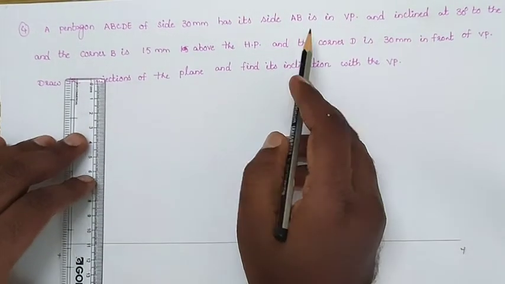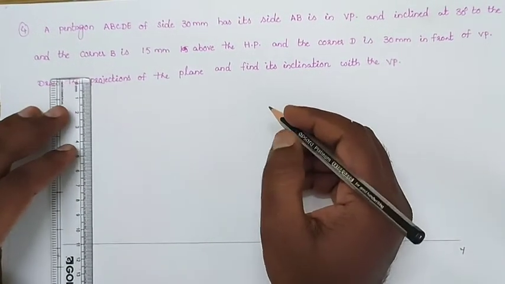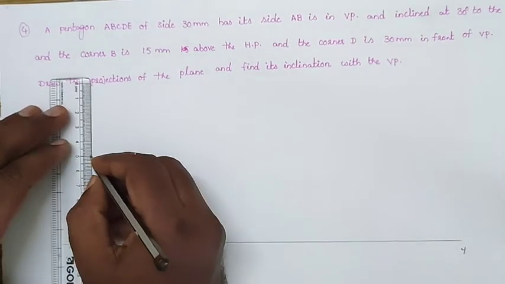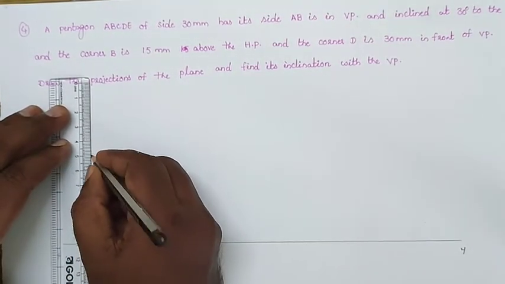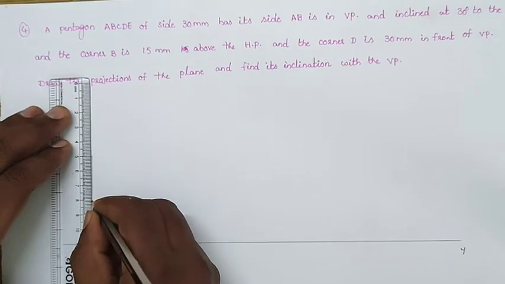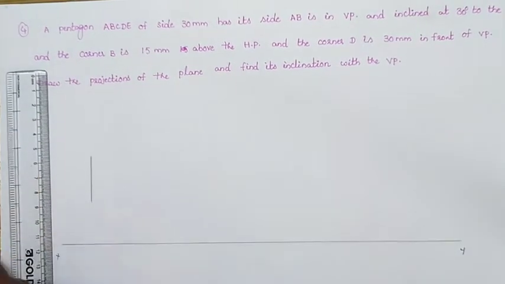They are giving the side. Whenever they give a side, we draw the front view of that side perpendicular to the reference line with 30 mm. We will construct a pentagon by making an angle of 72 degrees.